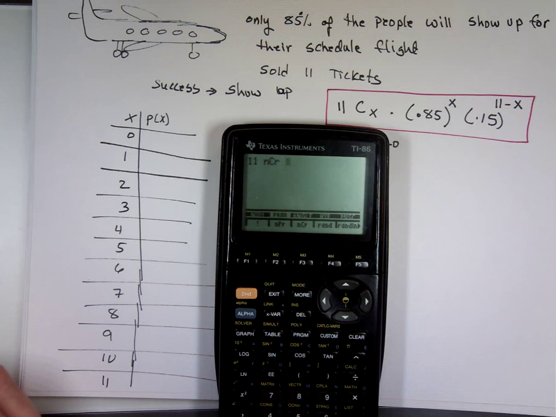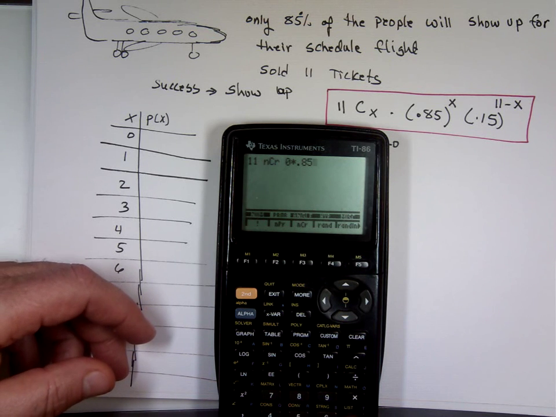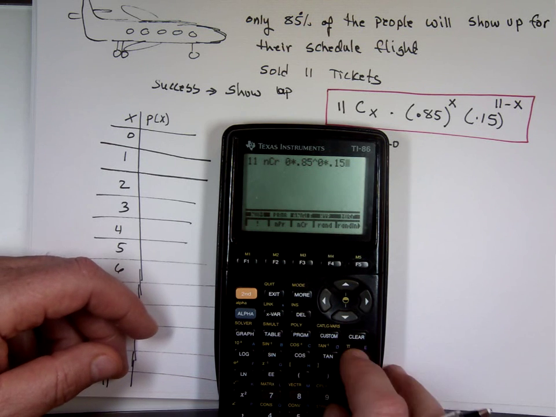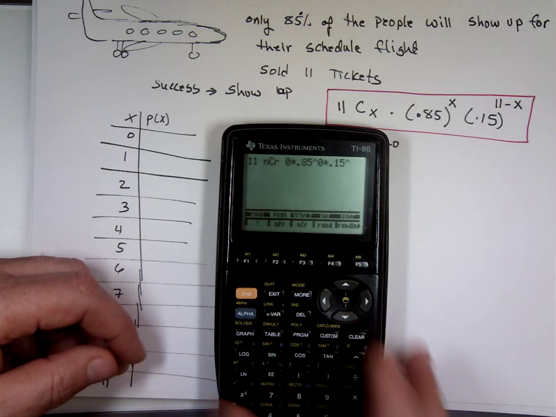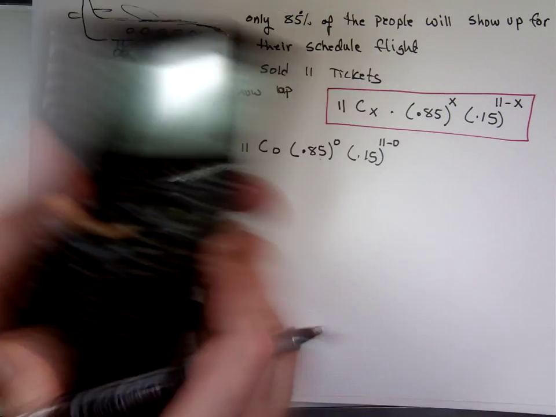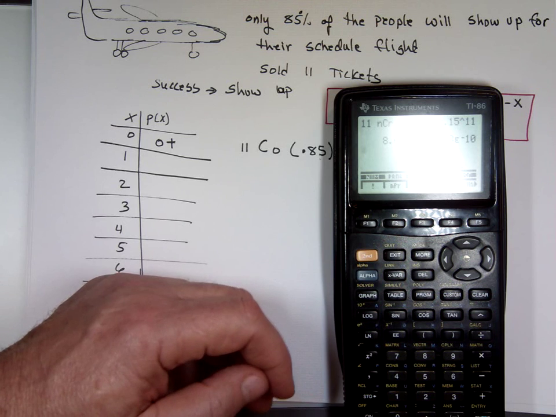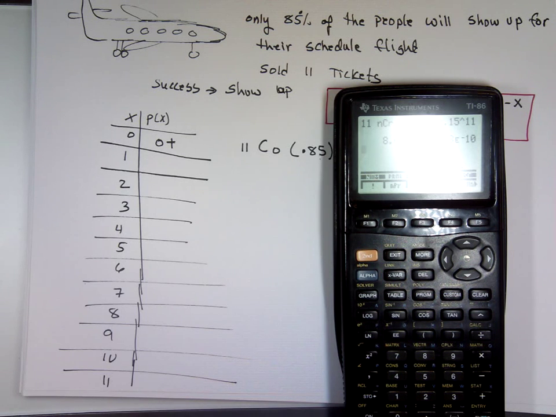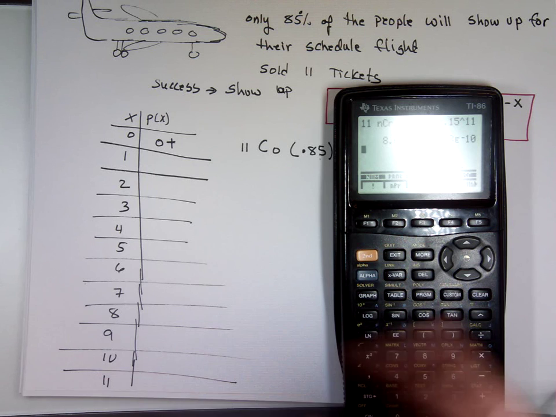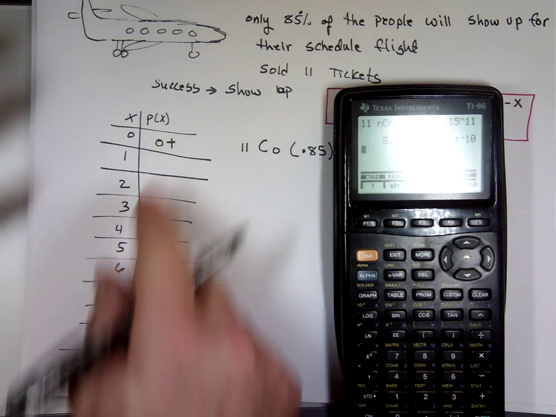So it's a combination. 11 C 0 times 0.85 to the power of 0 times 0.15 to the power of 11 minus 0, which is 11. So here's the chance: 0 plus, 0.00000, 9 zeros and 8. I said 0 plus, that means not really 0. If you just write 0, that means this will never happen. It could happen. The probability is close to 0. That's what 0 plus means.